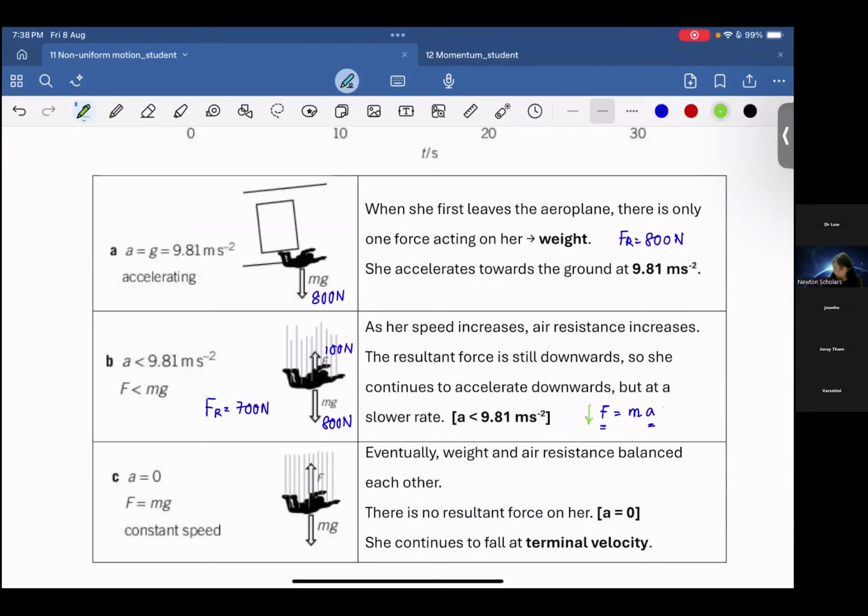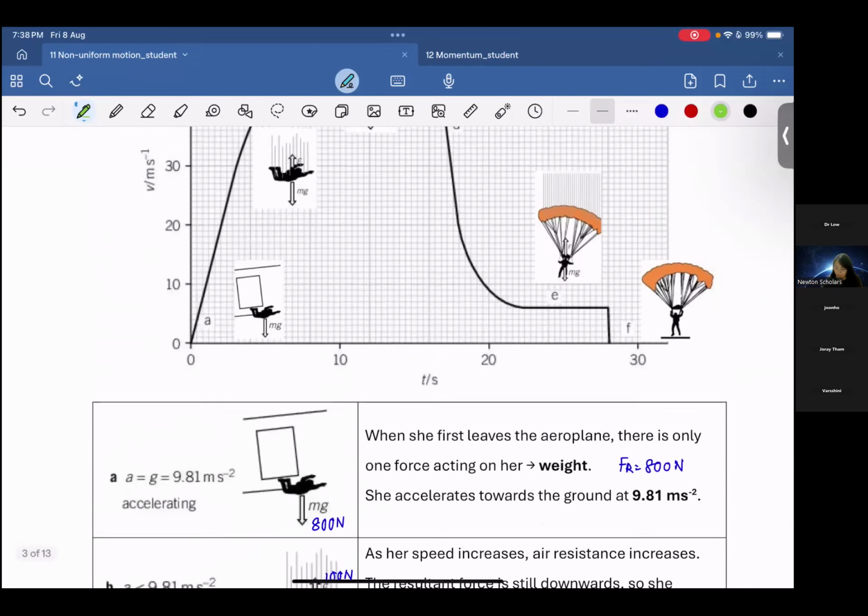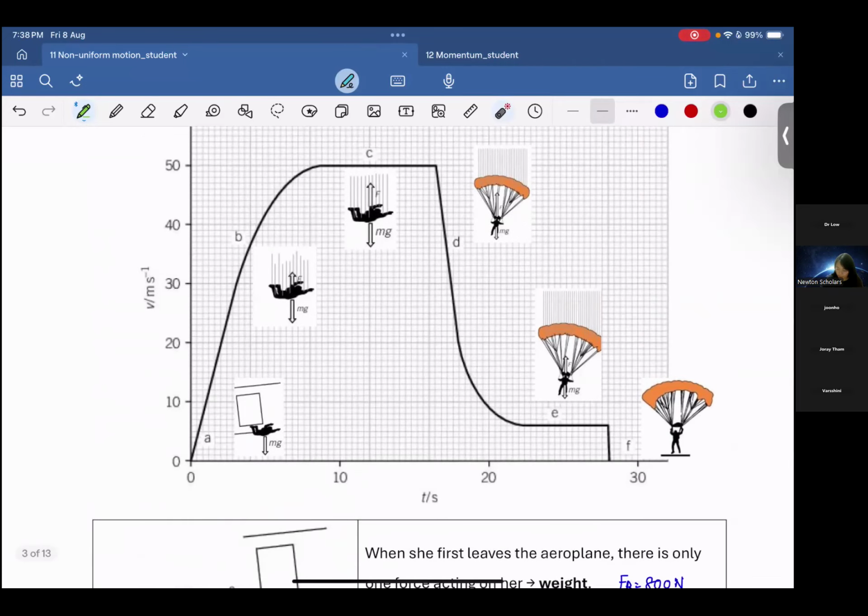Resultant force decreases, so your acceleration also decreases, because right now we start to have air resistance. At the start here, we accelerate, then after that our acceleration decreases. So this is B.